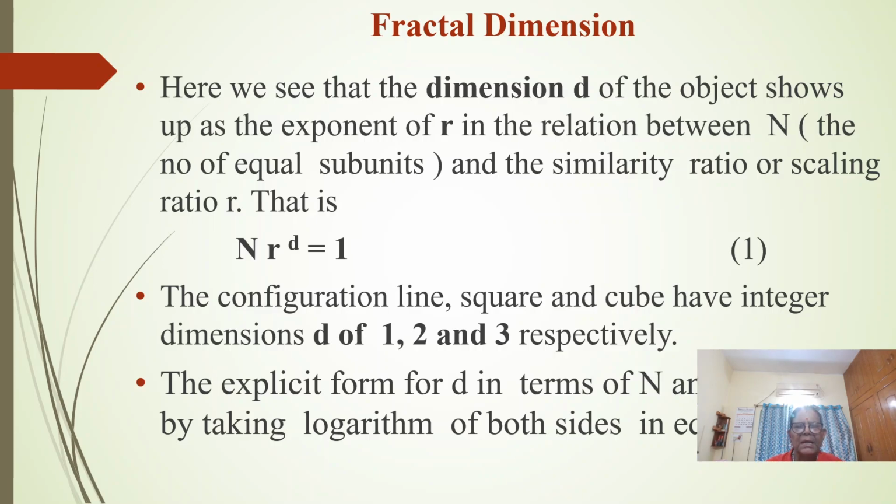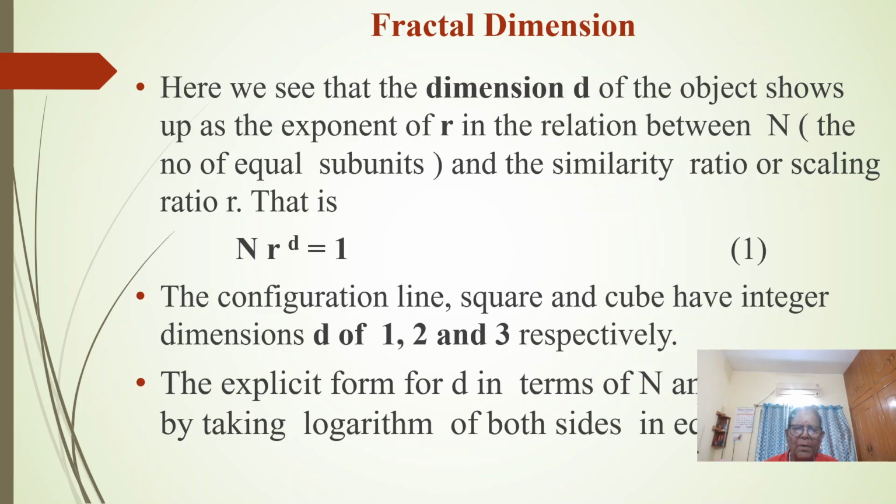The configurations line, square and cube have integer dimension d of 1, 2 and 3 respectively. That is, for a line, this equation is n r to the power 1 equal to 1. For a square, we get n r to the power 2 equal to 1. And for a cube, we get n r to the power 3 equal to 1.